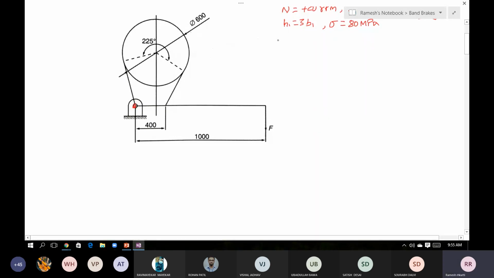This H1 is nothing but the depth of the lever, and B1 is nothing but the width of the lever. You can see that this is the lever. H1 is the depth. B1 is the width of the lever.